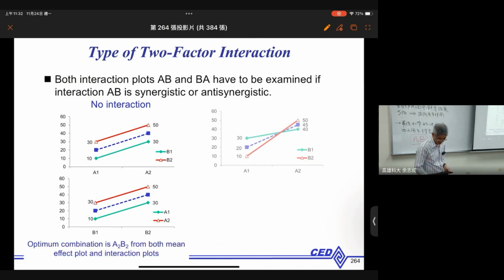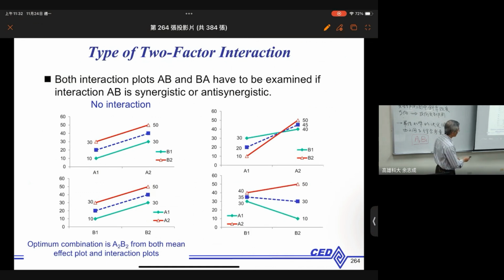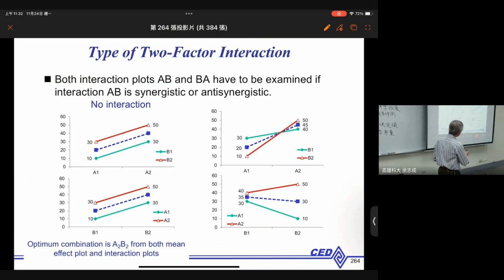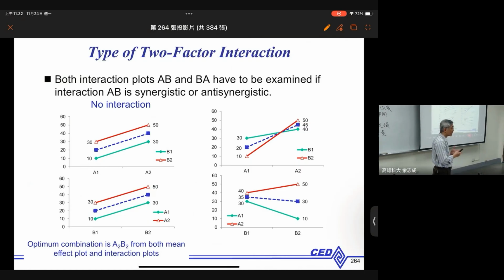Here, if there is interaction, in this case, it could be synergistic or anti-synergistic. This is anti-synergistic, so be careful. Although when you look at this curve, you can see that these two lines look like they both have a positive slope, you might say that A and B have a synergistic interaction.